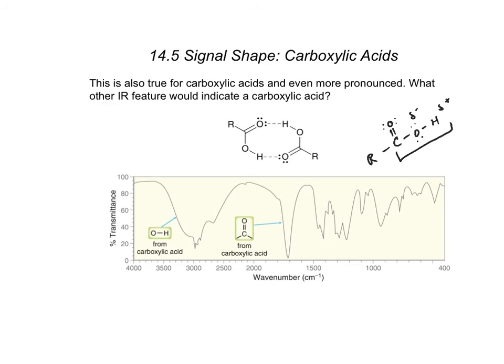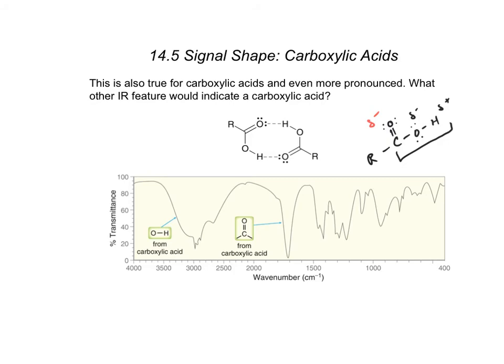But for a carboxylic acid, is there another region of partial negative charge? The oxygen and carbon. Right, so in carboxylic acids, we also have this other region by which the hydrogen can be attracted to a partial negative charge. So because of this, we get this gigantic distribution of hydrogen bonding between a hydrogen and this guy, and a hydrogen and this guy, and vice versa, okay?